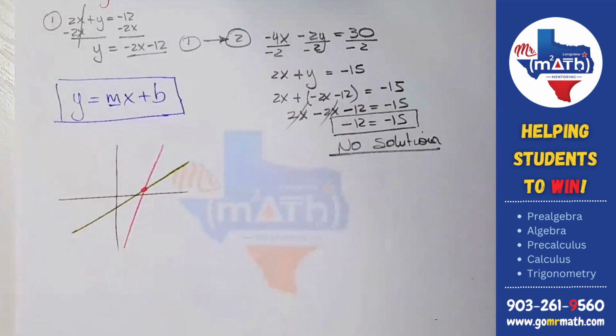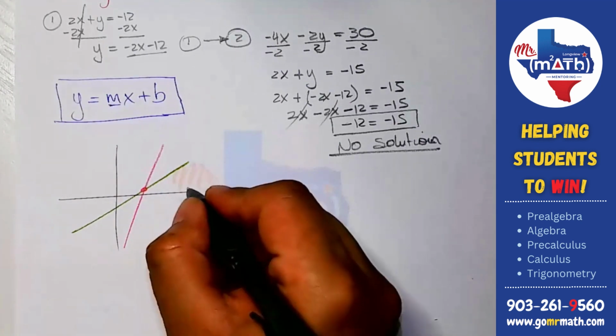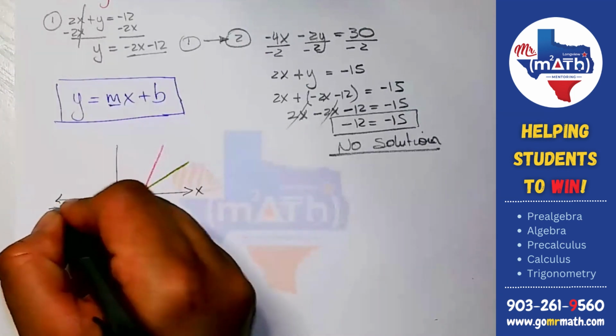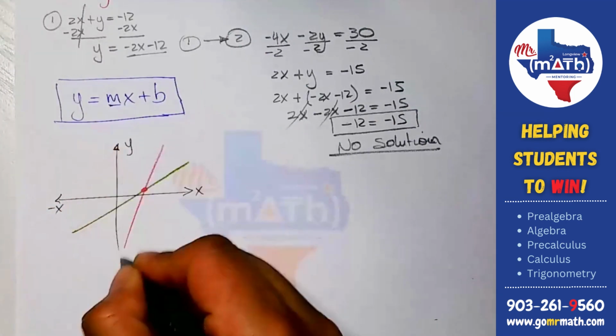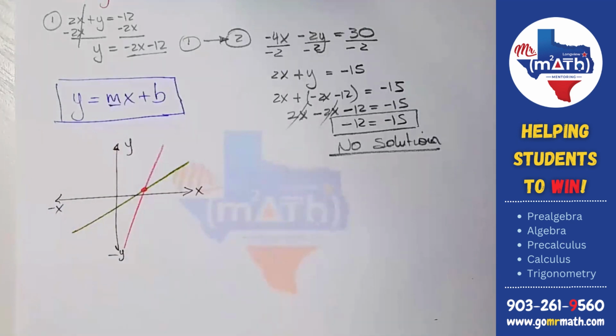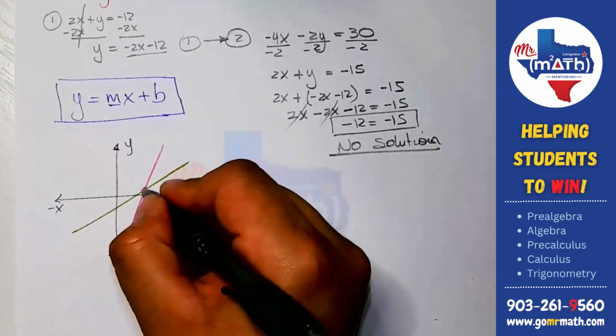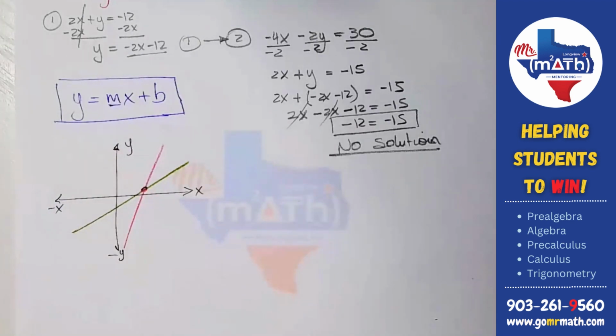Whenever these two lines intersect, the coordinates x and y of that point are the solution. Don't kill me, it will be negative x, and negative y. So here, that's the solution of any system of equations.